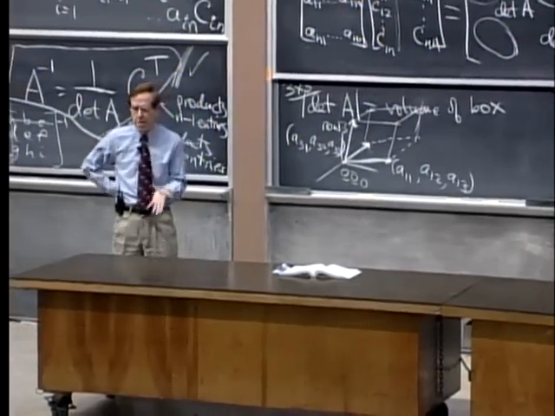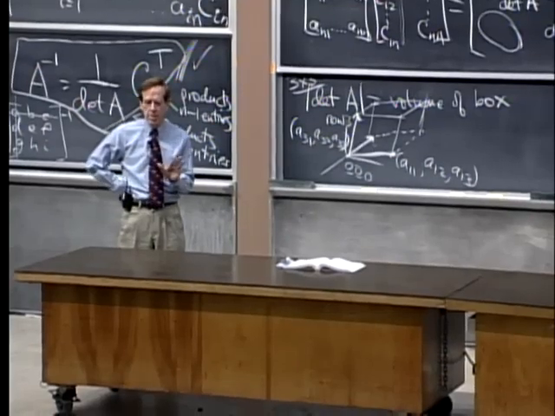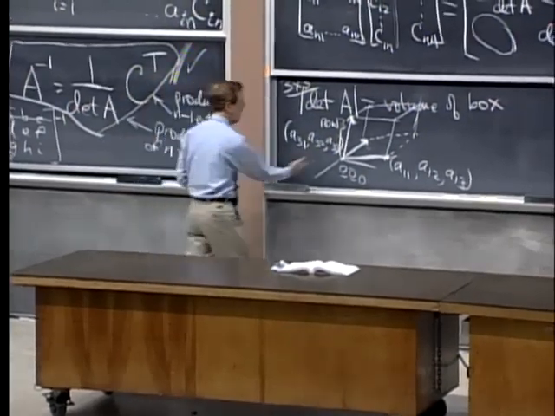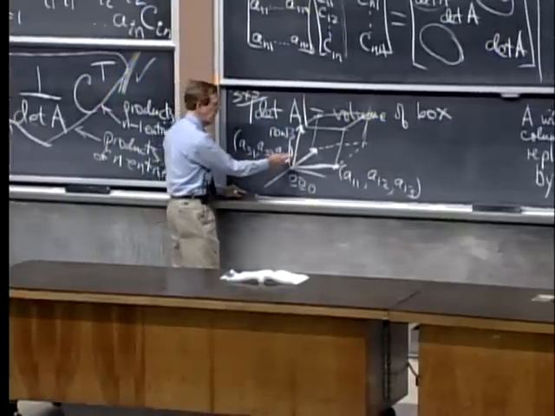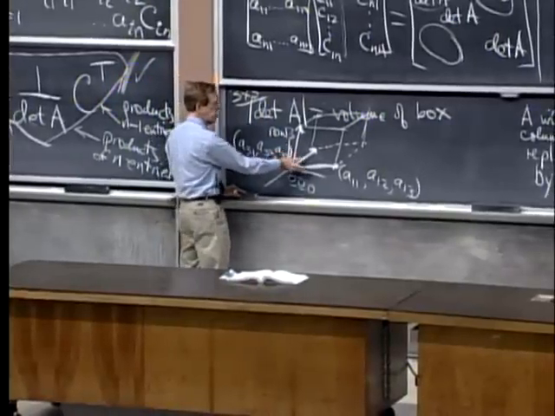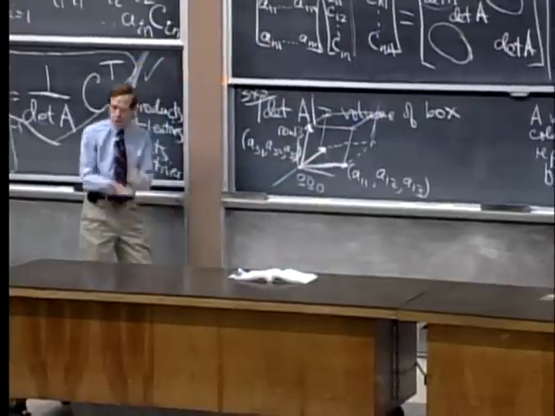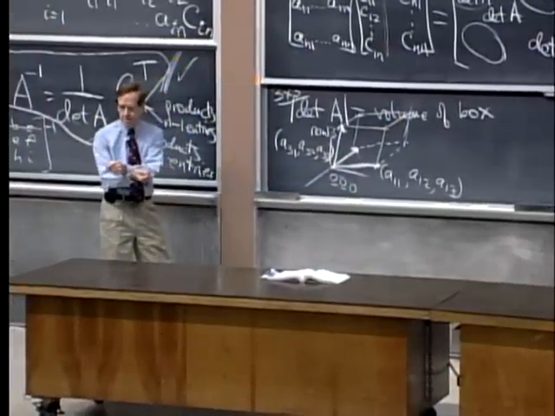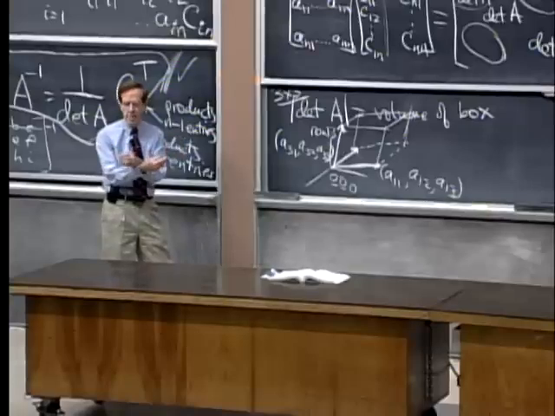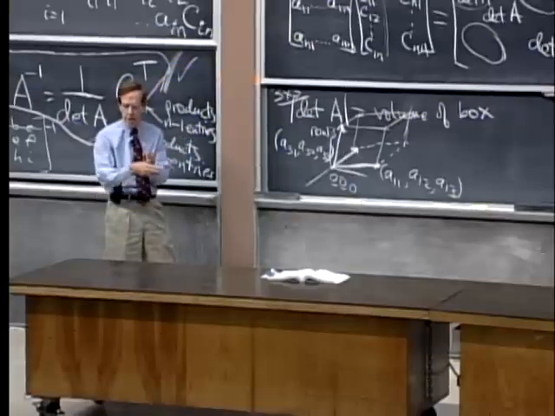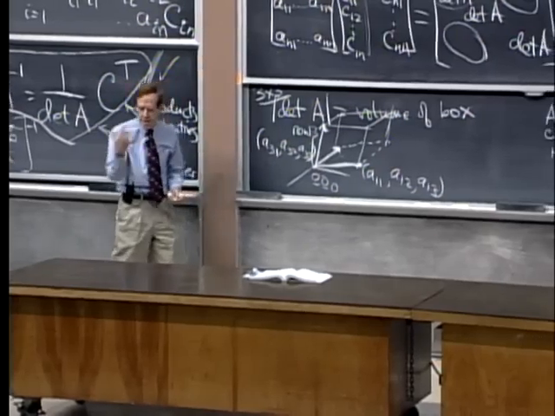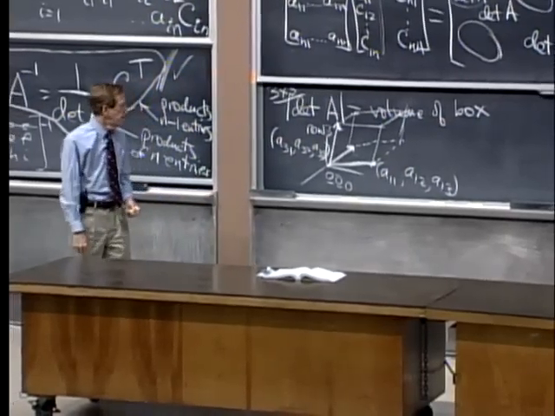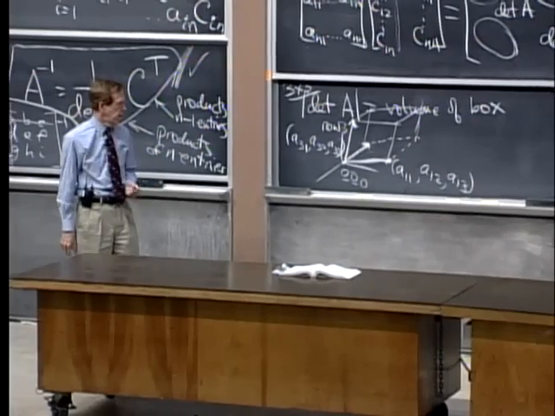It always must tell us something. Somehow it will tell us whether it's a right-handed box or a left-handed box. If we reversed 2 of the edges, we would go between a right-handed box and a left-handed box. We wouldn't change the volume, but we would change the cyclic order. So I won't worry about that.